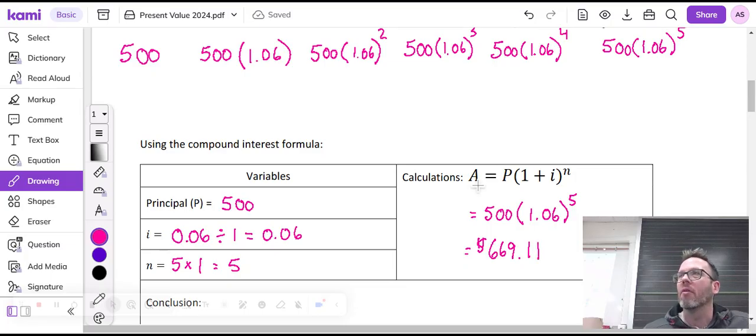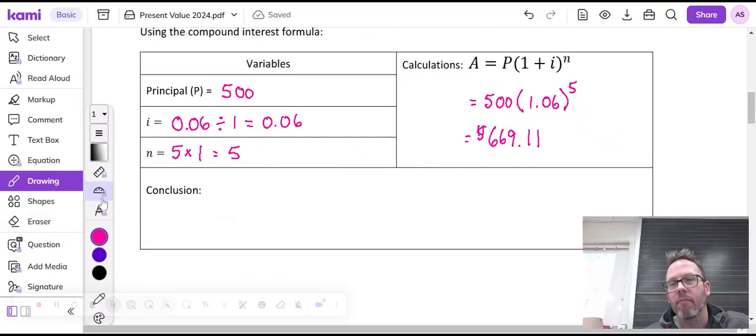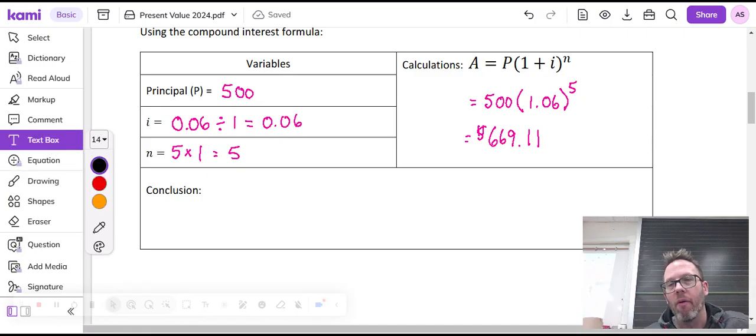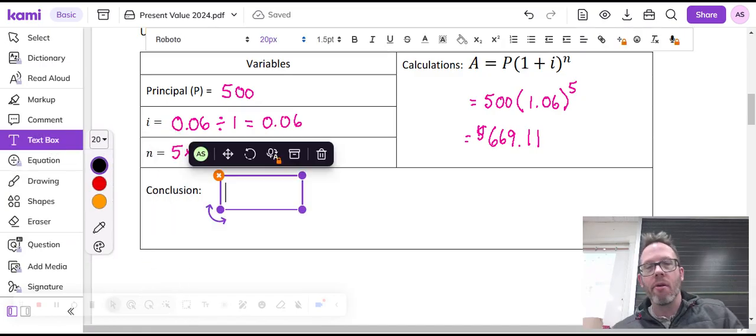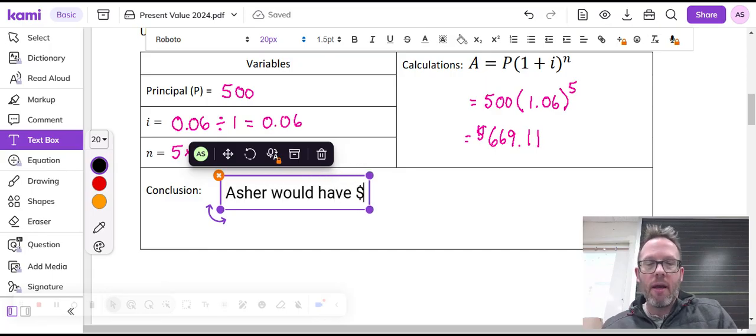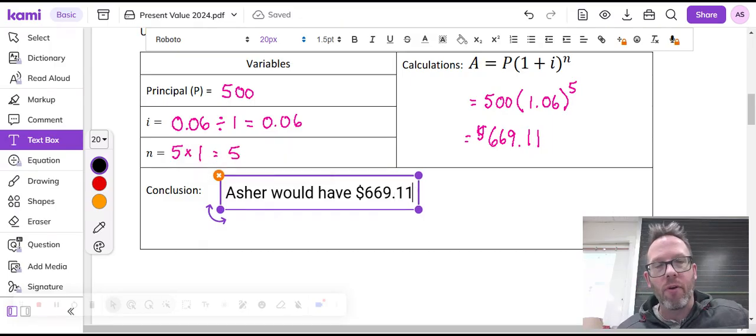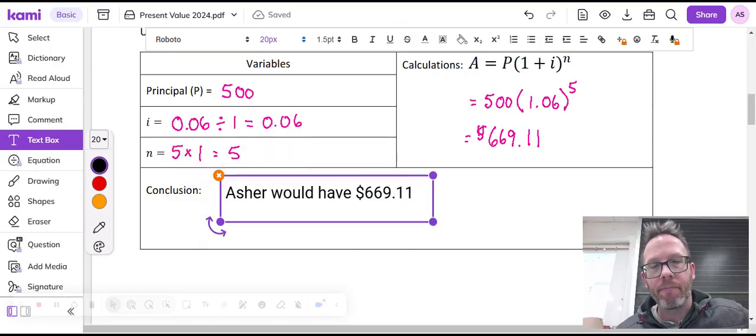You guys get that too? Nod and smile. All right, so I'll just make a little conclusion here. Asher would have $669.11. Not bad for an 8-year-old.